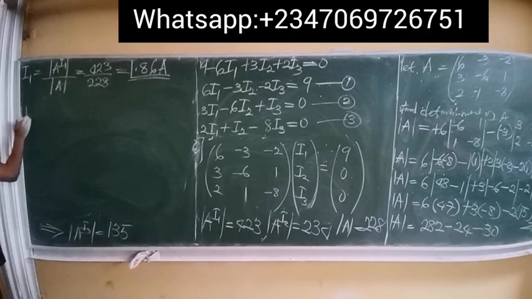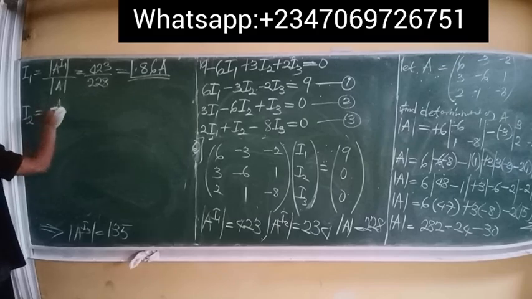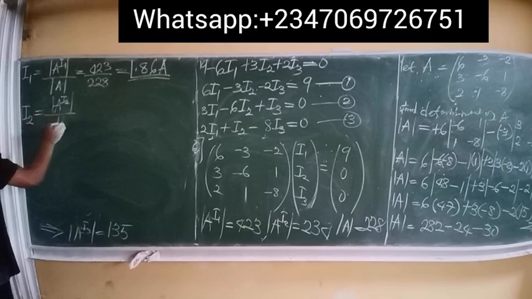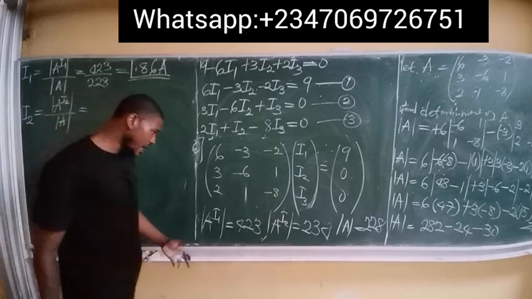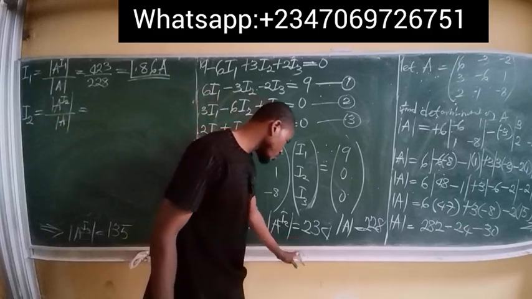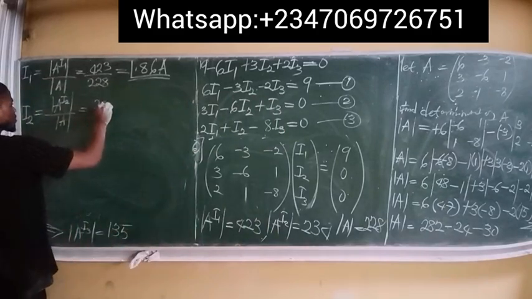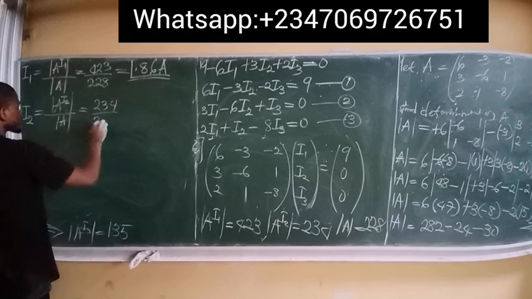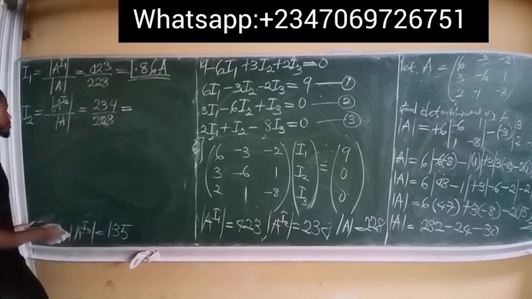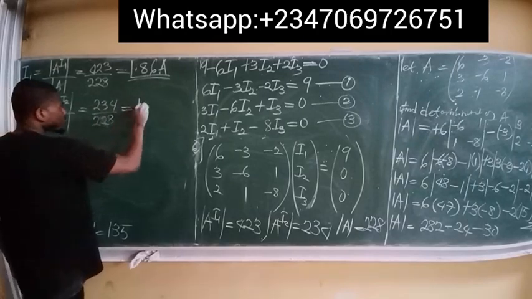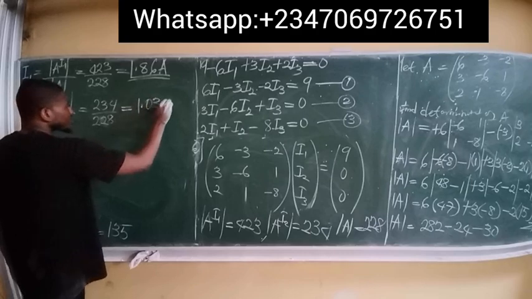Also, to find the second current I2, it is simply the determinant of AI2 all over the determinant of A, and that's equal to, delta AI2 gave us 234. So we'll simply have 234 all over 228, and that's equal to 1.03 amps.